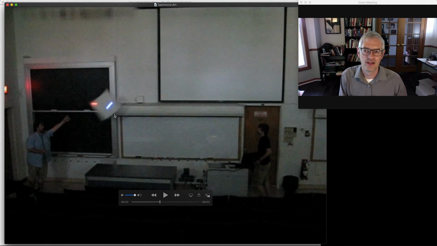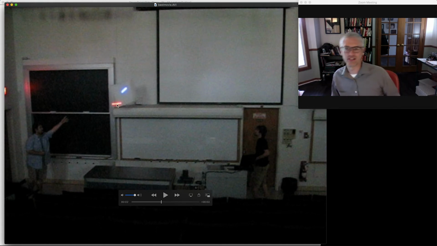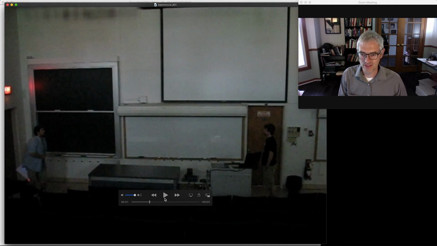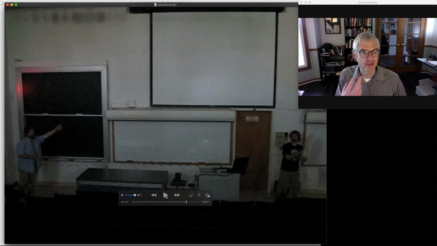Okay, the blue light is the center of mass, and the red light is just some point off of the center of mass. So this physicist throws this shape through the air, and what we want to do is see how it moves. Okay, and watching it in real time is kind of hard to see, but you can start to see the red just whirling around. It's following that rotational motion.